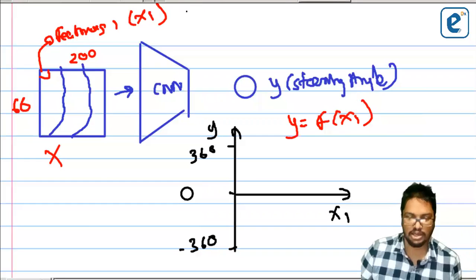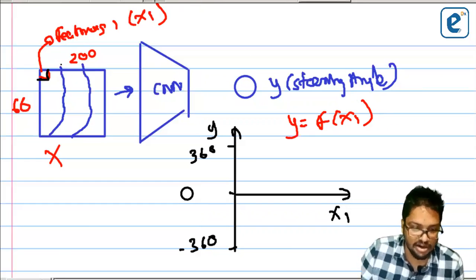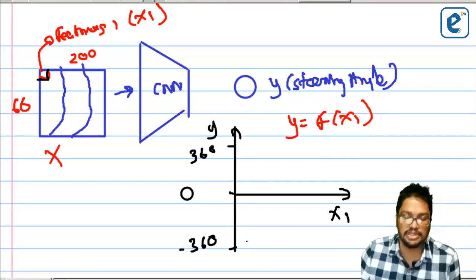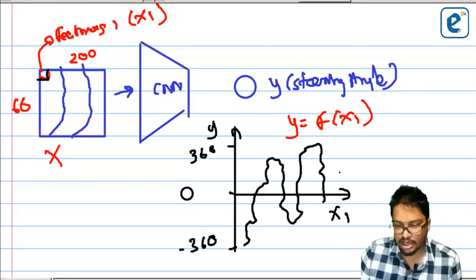Now, this function, I don't know. Let's consider a single pixel value, and with that, it might have some relationship like this. We don't know, I can't say exactly.